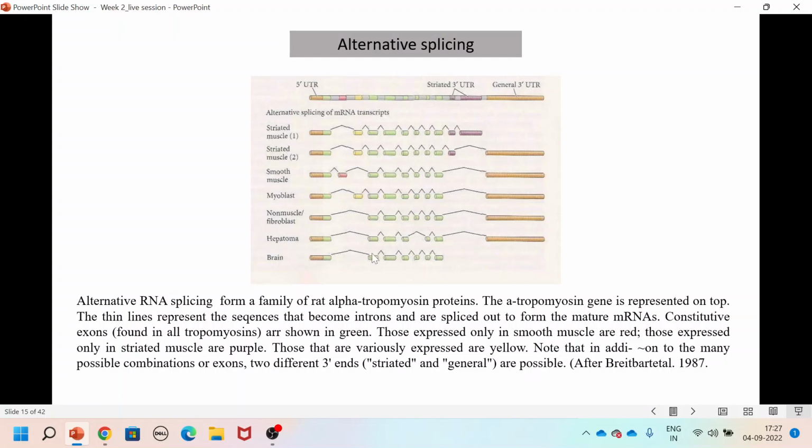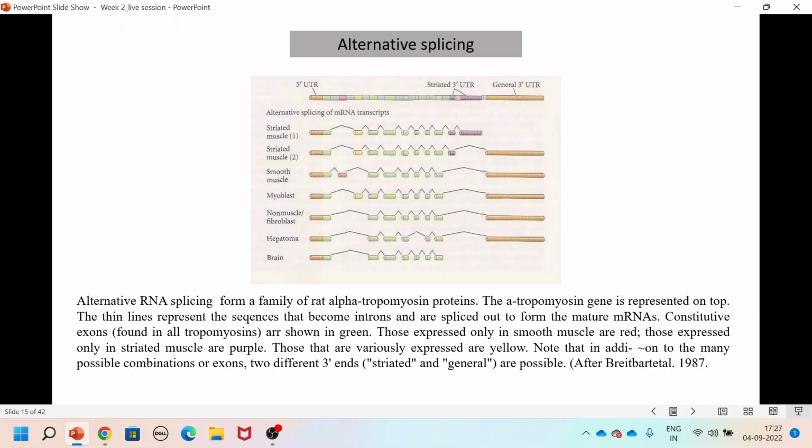Those expressed only in the smooth muscles are shown in red, while in others this exon is not selected. Those expressed exclusively in the striated muscles are shown in purple. Those that are variably expressed are shown in yellow, and these are expressed in different tissues like striated muscles 1, 2, and myoblast. In addition to many possible combinations of exons, two different 3' ends and 5' ends are possible as part of the alternative splicing. So is it clear?